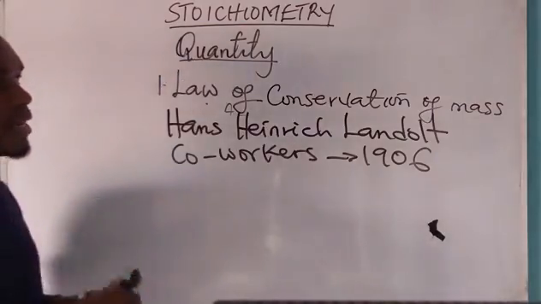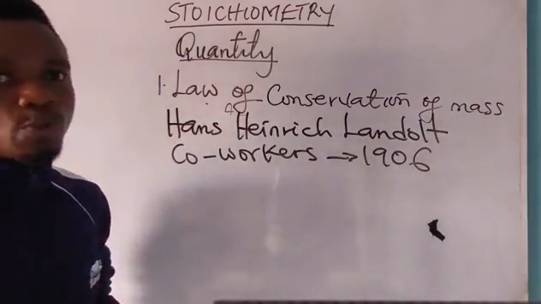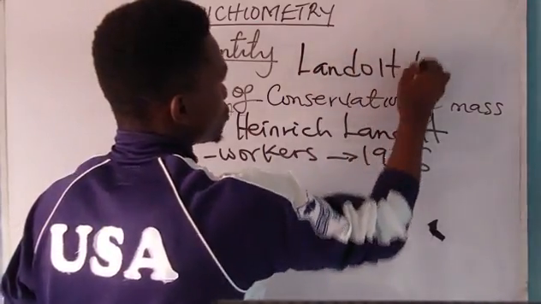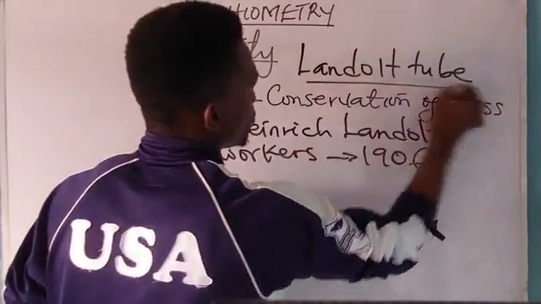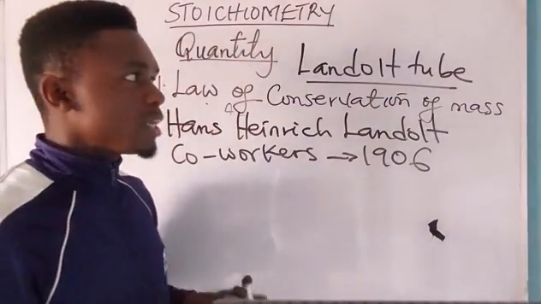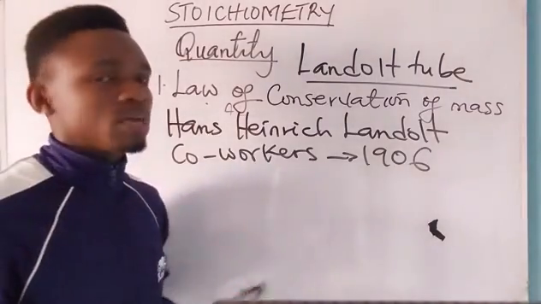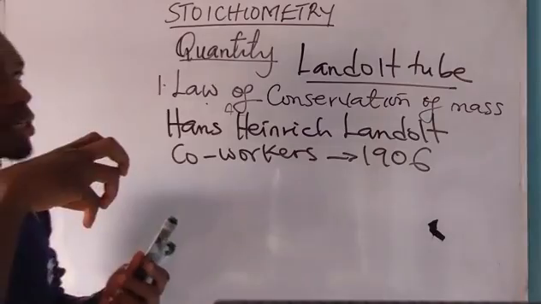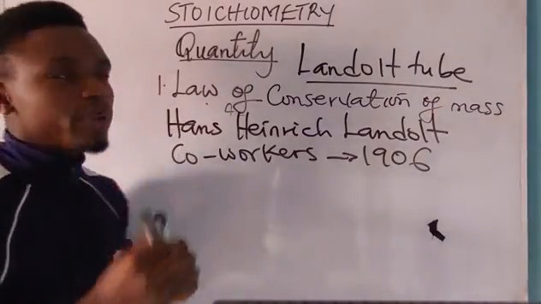Now, these guys constructed a tube called the Landolt tube. While the tube was empty, it was weighed. After weighing, this tube has arms A and B. They then introduced certain reagents.